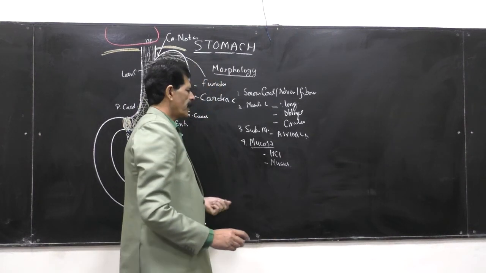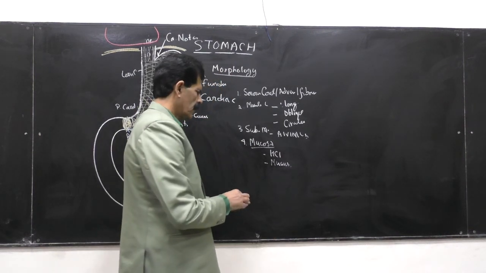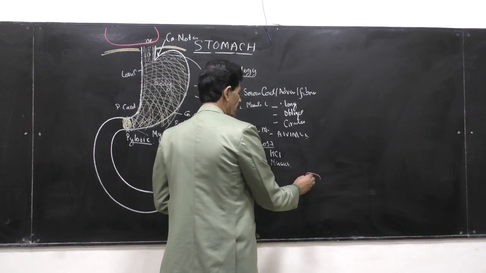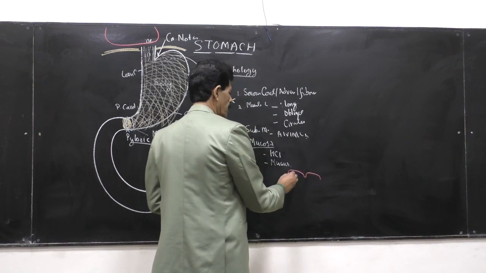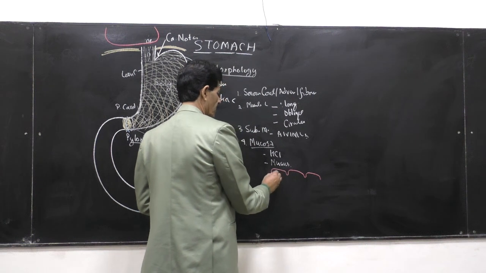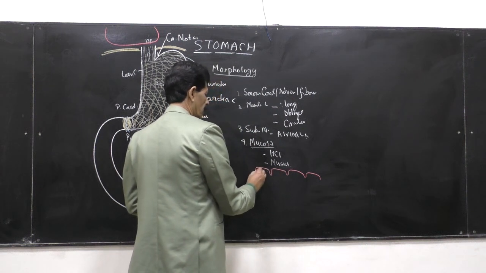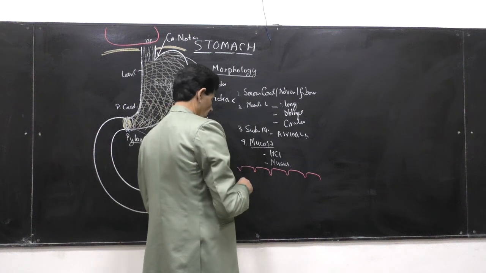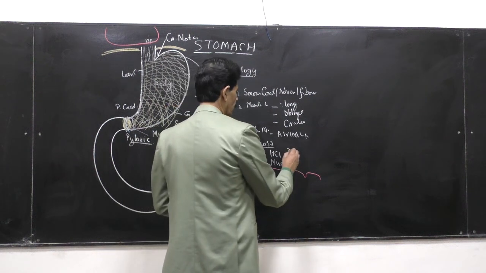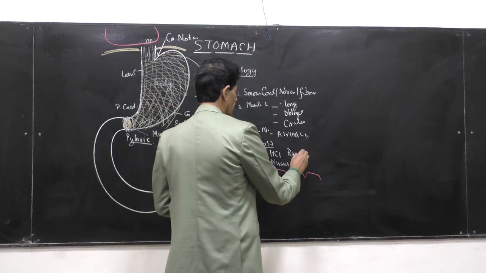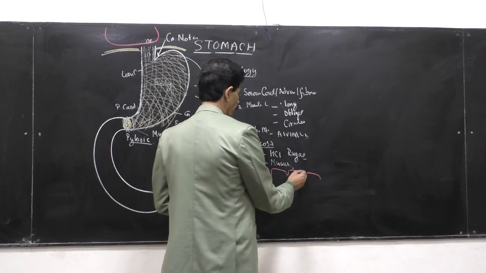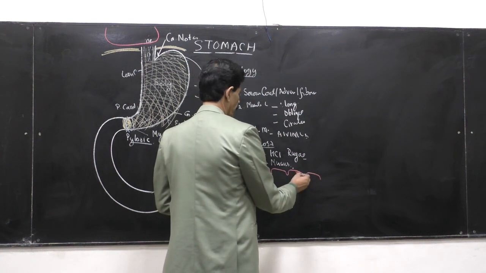The mucosa in the stomach is low columnar, and it is raised in a velvet-like fashion. The small velvet-like elevations of the mucous membrane of the stomach are called the rugae. Various types of cells are present in these rugae.